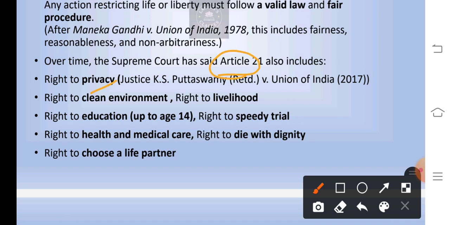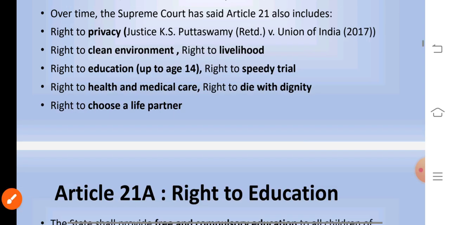For example, right to privacy in the Justice K.S. Puttaswamy case in 2017, right to clean environment, right to livelihood, right to education, right to speedy trial, right to health and medical care, right to die with dignity, and right to choose a life partner, etc. So many rights have been added to Article 21 through multiple Supreme Court judgments.